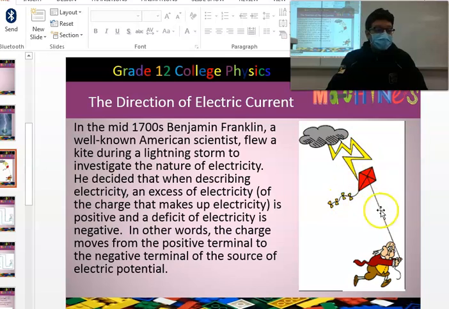What he actually did was, yes, he had the kite up into the sky, and yes, there was a key on it, but all he did was try to feel that static charge. So it would have been more like a little shock from rubbing your feet on a carpet. It never actually got struck by lightning. He could just feel the charge building up in the atmosphere during storms.